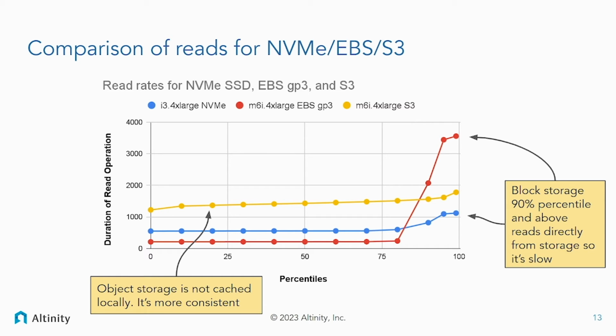Once everything's in cache, of course, the reads are really fast, with no difference up to about the 90th percentile. Object storage has a little bit of variation, but it's pretty consistent, just slower. In fact, much slower in this example than reading from the page cache.